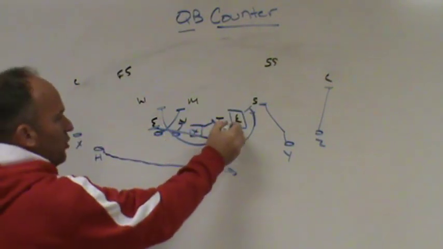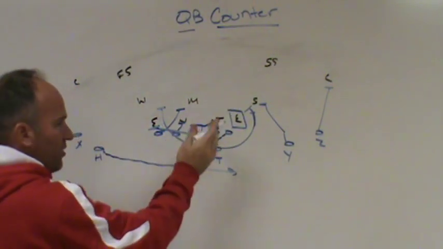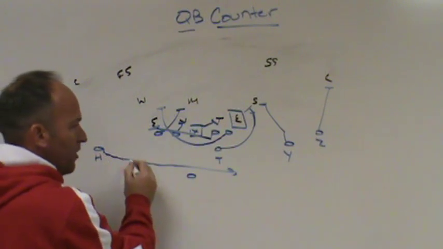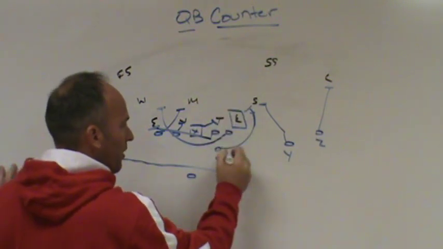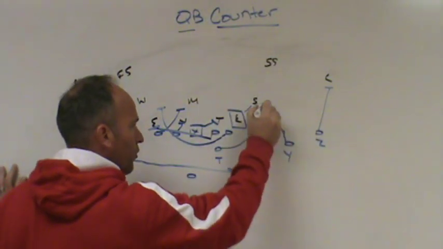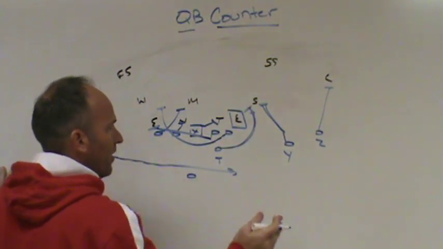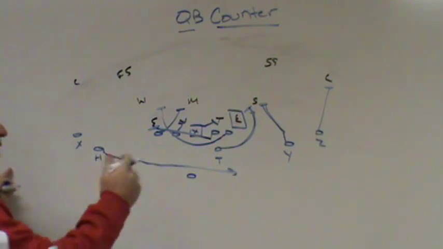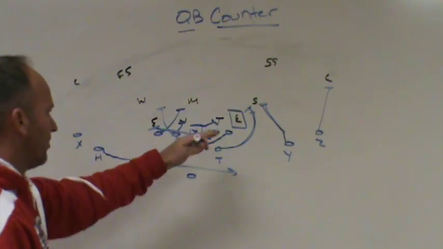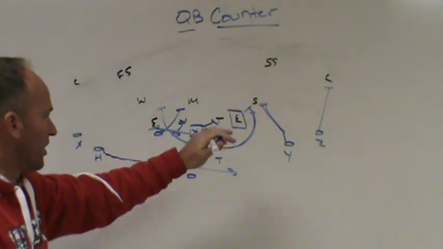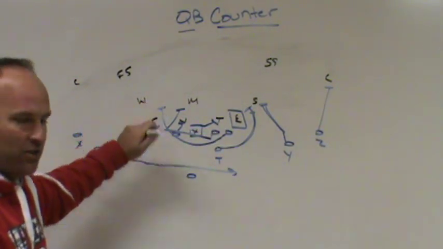If the 5 technique squeezes off of the inside action of the tackle or bends, now you're going to give the jet sweep. You've got the jet sweep going to a twin side with the tailback there. So you've got it blocked any way you want to block it. You've got enough helmets out there if you get the jet sweep look from the 5 technique bending or squeezing inside off of the inside action of the tackle.